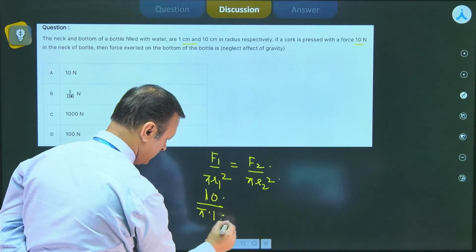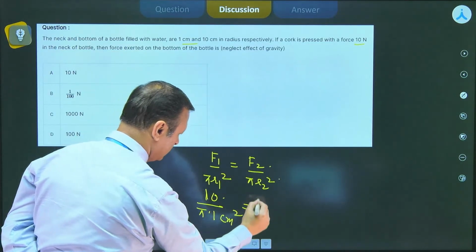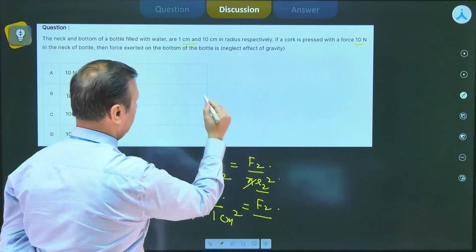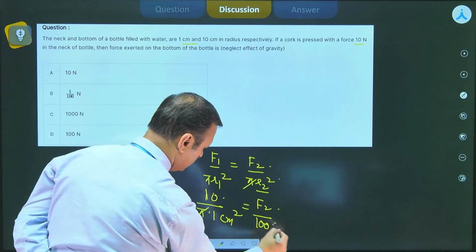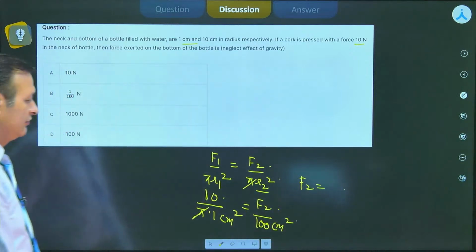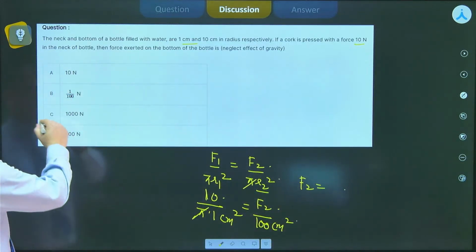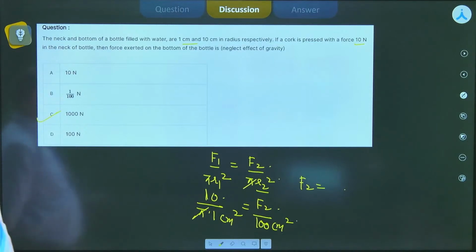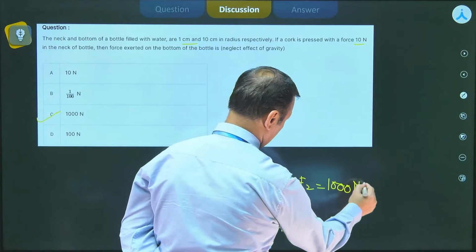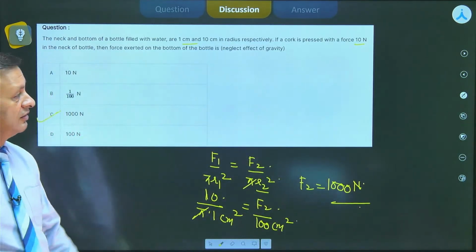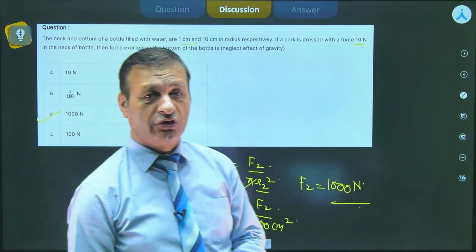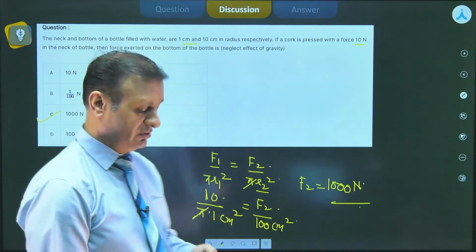So this is 1 centimeter square only. This F2 we have to find out. Pi we cancel out. R2 is 10, 10 square means 100 centimeter square, and that defines the value of F2. So F2 is what? 10 into 100, that gives me 1000 newtons. So based on this, we have just got the answer. So this is very important. Pascal law, very important for your fluid part. Don't ignore it. This is very, very important.